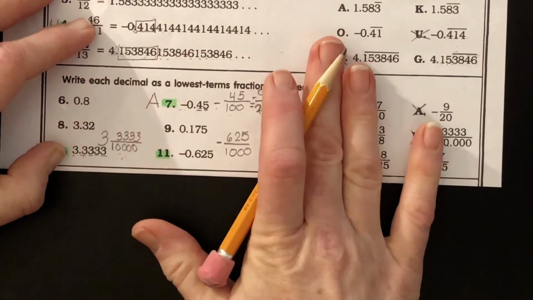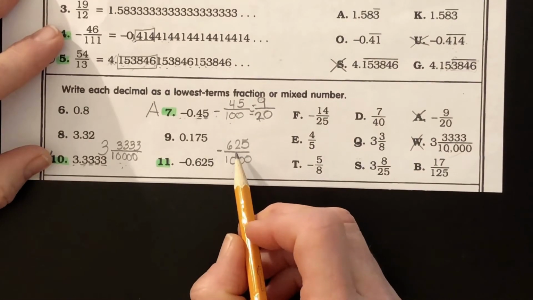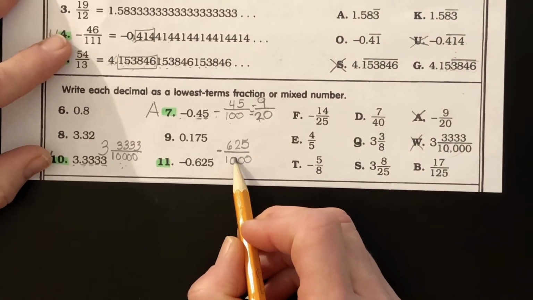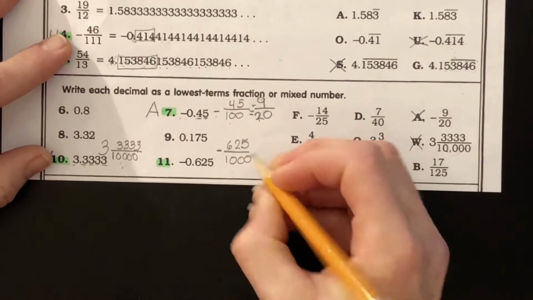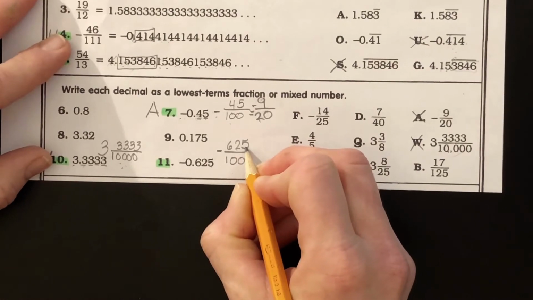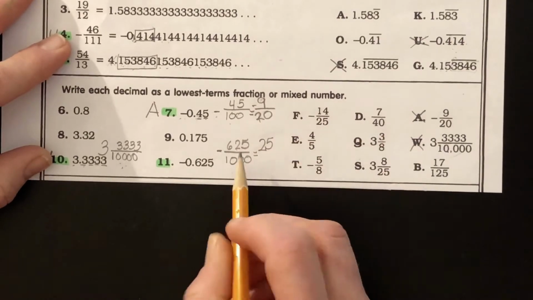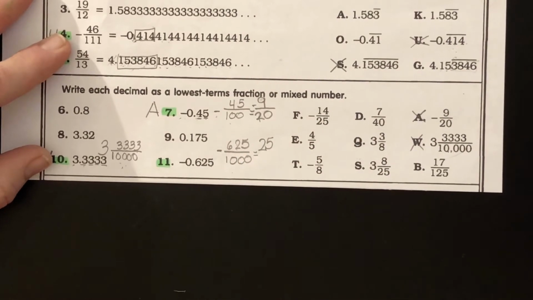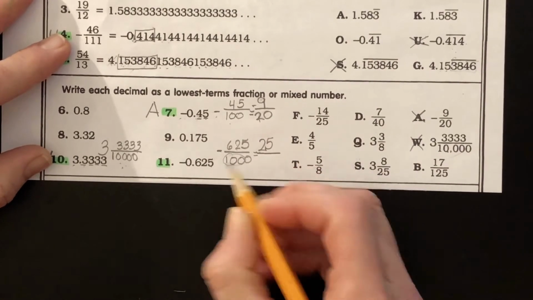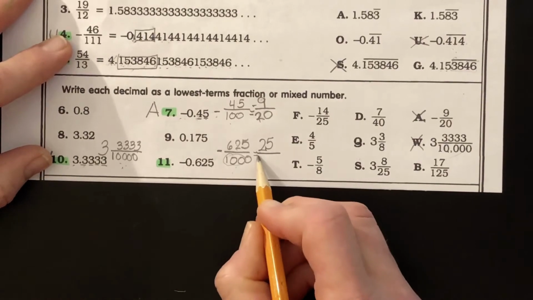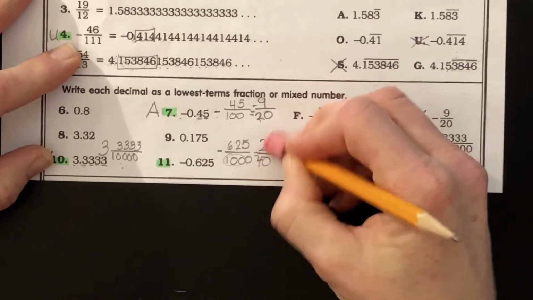If 4 quarters make $1, then 4 25s make 100. 600 would be 6 fours, because there's 4 in each 100, and 1 more, 25. So 625 divided by 25 is 25. Oh, 25 squared is 625. I just noticed that. 25 goes into 1000 40 times. So we've got 25/40ths.